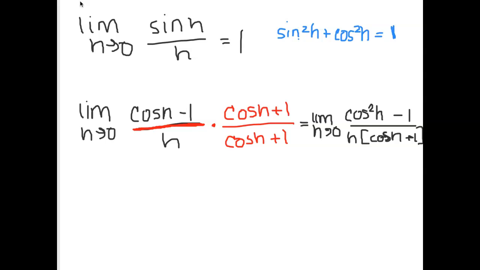So flip-flop some stuff up in there, and you get cosine squared h minus 1 is equal to negative sine squared h, because you'd subtract the 1 and subtract the sine squared. So let's go ahead and substitute that in.